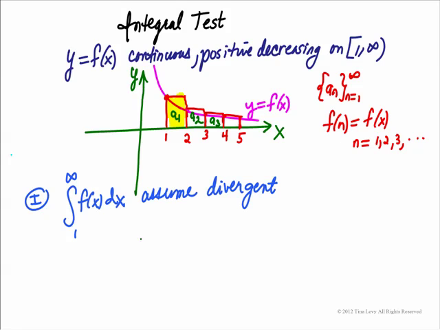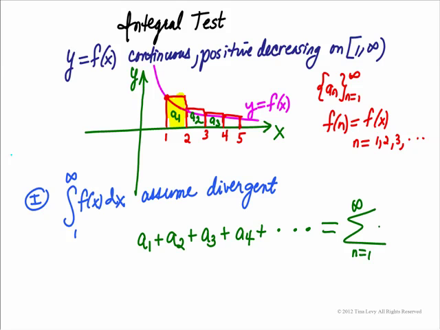And we can say that the areas are a1 plus a2 plus a3 plus a4, and this will go on indefinitely. And I can write that as the series n goes from 1 to infinity of a sub n.